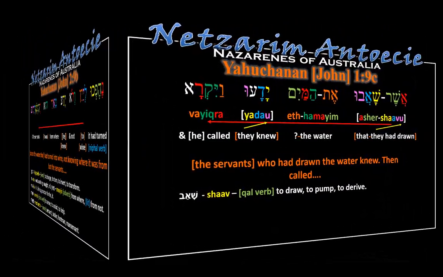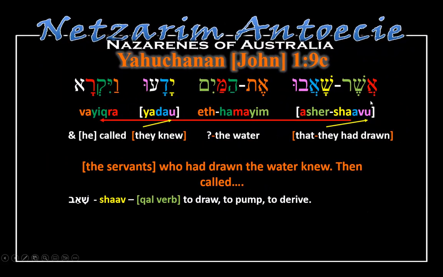And so we come to 9c, and we have an aleph, shin, resh, shin, aleph, vav, aleph, tav, hey, mem, yod, mem sofit, yod, dalet, ayin, vav, vav, yod, kuf, resh, aleph. And we read it. Asher sha'avu, that they had drawn.